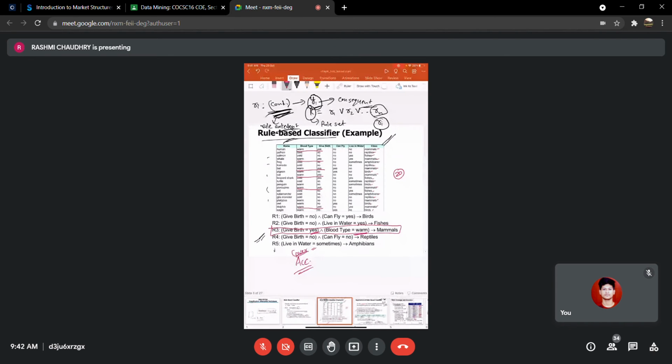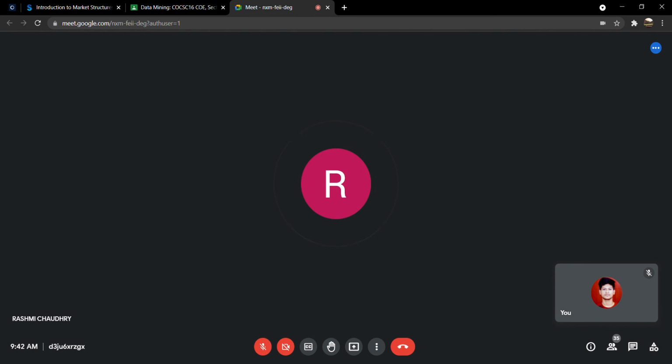Apart from these, any other matches? One, two, three, four, five, six. Six matches are there, right? Six out of 20. Now accuracy. For these six, I have to find out whether the output is matching or not.